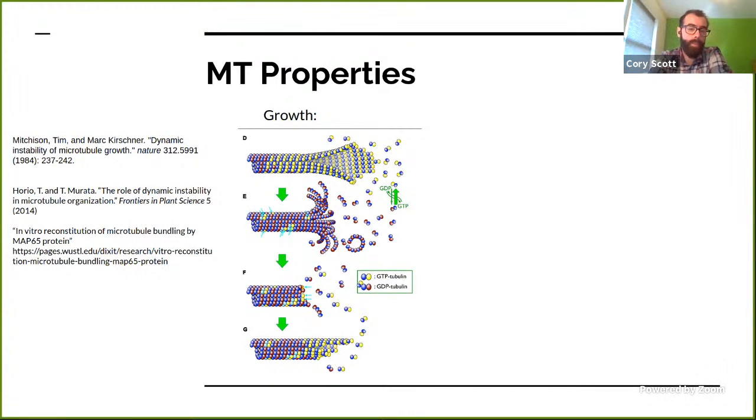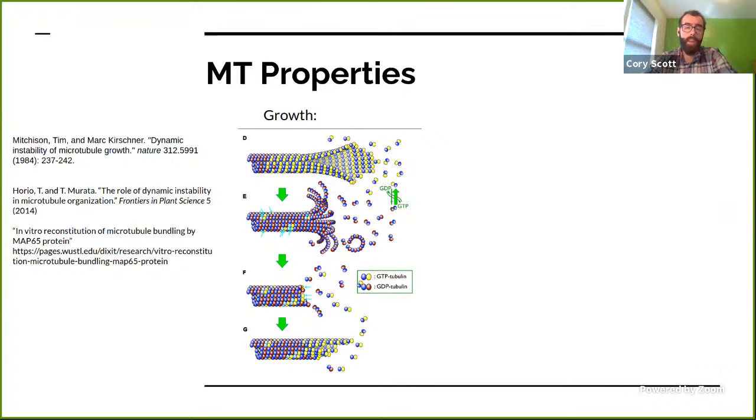I say lattice because microtubules are a sort of helical repeating structure of those alpha-beta subunits. There are generally 13 or so strands in a microtubule, and those strands are in a coiling lattice that goes around.